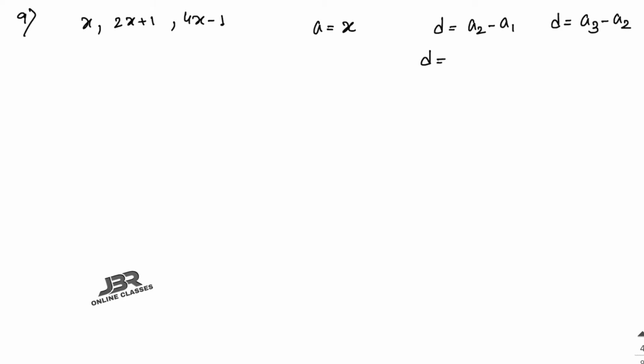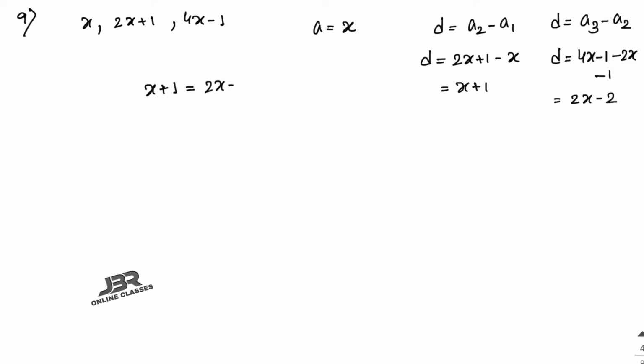So for the first one, a2 minus a1, that means 2x plus 1 minus x, so that one equals x plus 1. In the second case, 4x minus 1 minus 2x minus 1, so that will be 2x minus 2. As the d will be same, you can write x plus 1 equal to 2x minus 2, then x equal to 3.